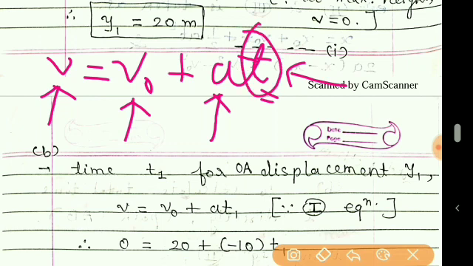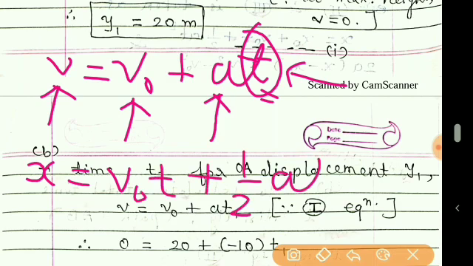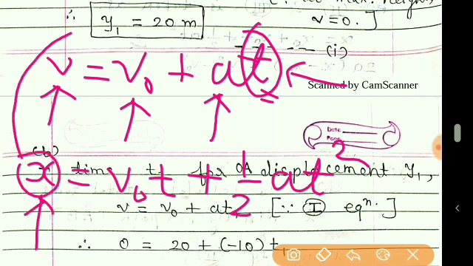Also, let us try the second equation. x is equal to v naught t plus half at square. Can we use this equation to find time? Displacement, that is y1, we know. Initial velocity is known to us.